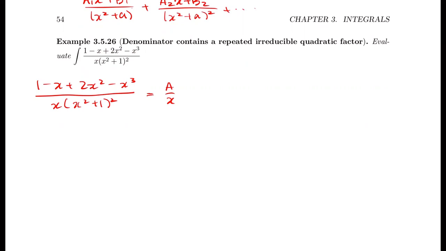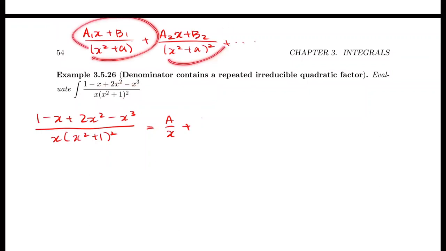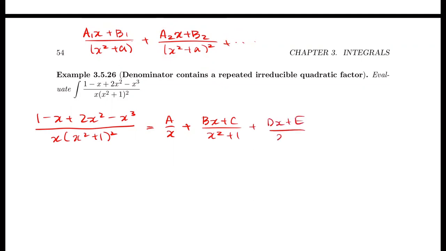For the second one, using this method up here, we're going to write bx plus c divided by x squared plus 1, and then plus dx plus e divided by x squared plus 1 squared. Both of these terms contain irreducible quadratic factors, so we have to use the linear term on the numerator.